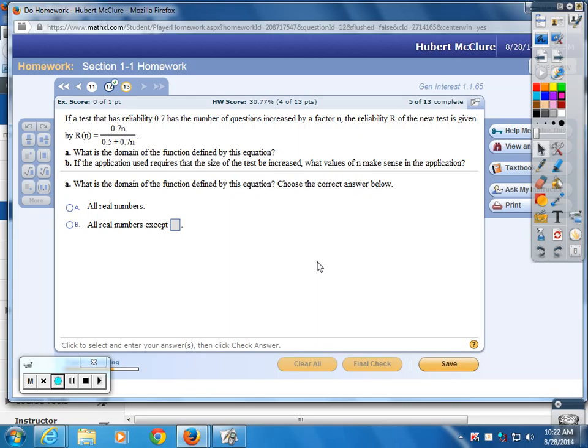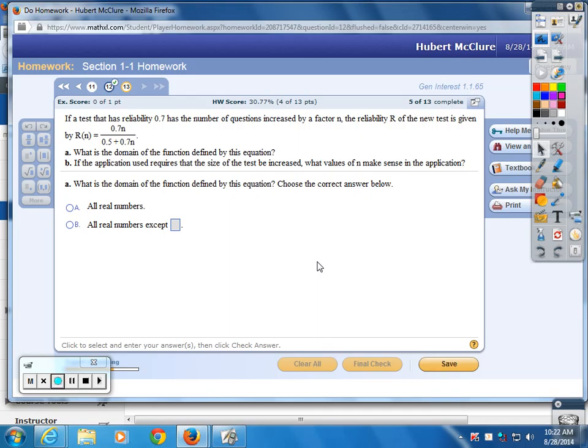You don't have to use the n's if you don't want to. What is the domain of the function defined by this equation? And if the application requires that the size of the test be increased, what values of n make sense in the application?